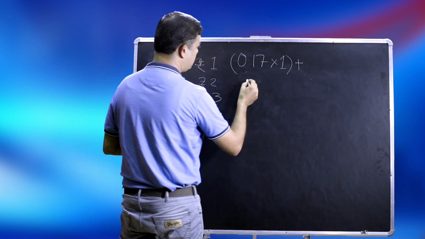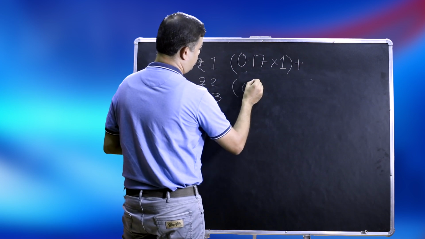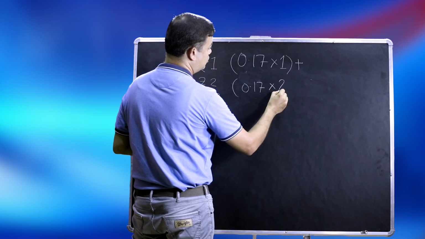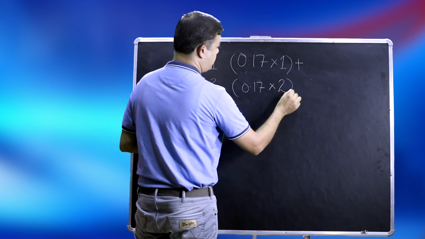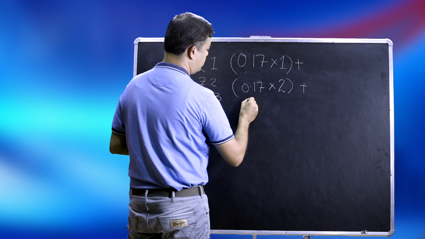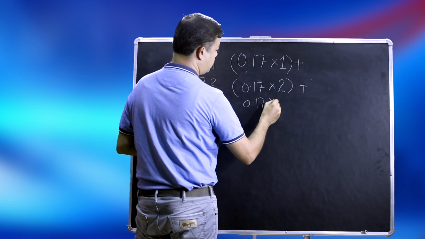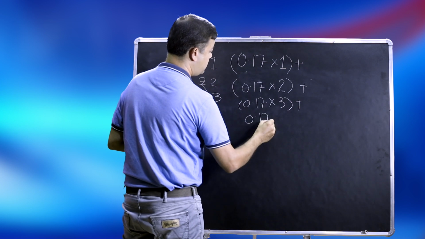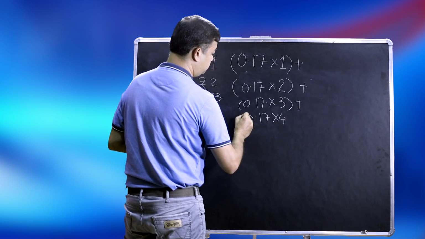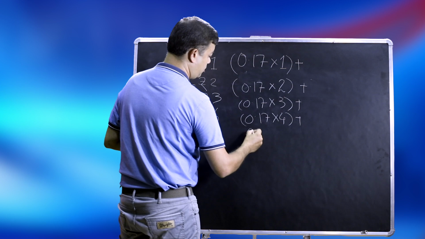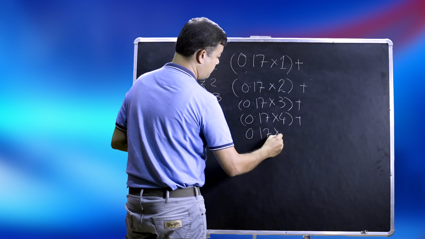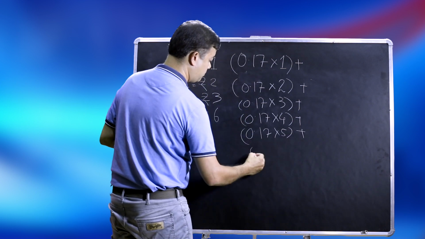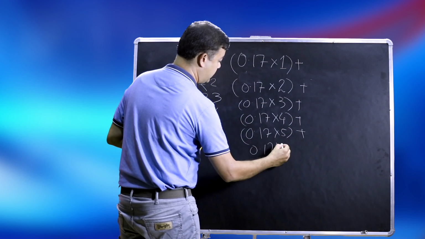Plus 0.17, the probability, multiplied with 2, the rupees, plus 0.17 multiplied with 3 plus 0.17 multiplied by 4 plus 0.17 multiplied with 5 plus 0.17 multiplied with 6.